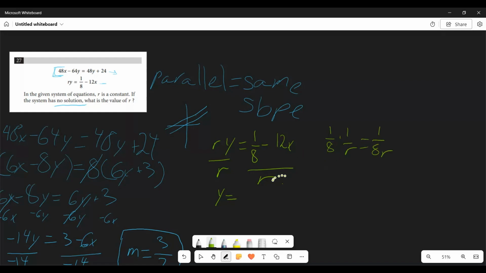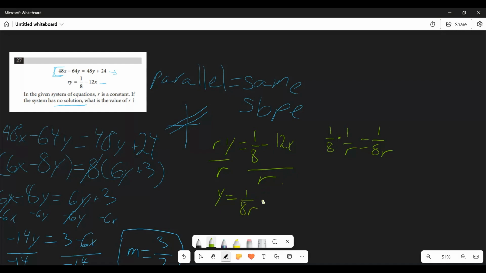Because whenever you divide a fraction, you basically just have to do keep, switch, and flip, right? You keep the first fraction, you switch division to multiplication, and then you flip the thing you're dividing by. So instead of r, you times it by 1 over r, right?